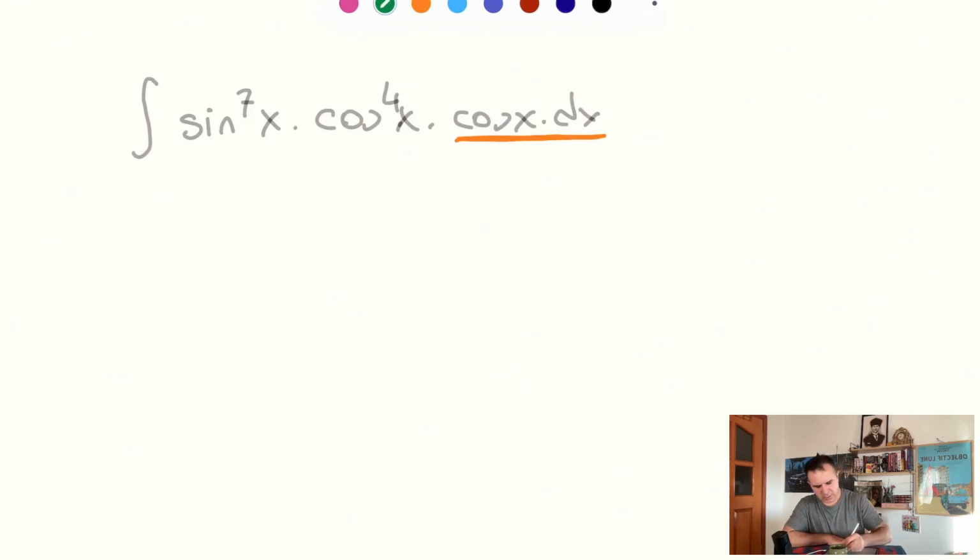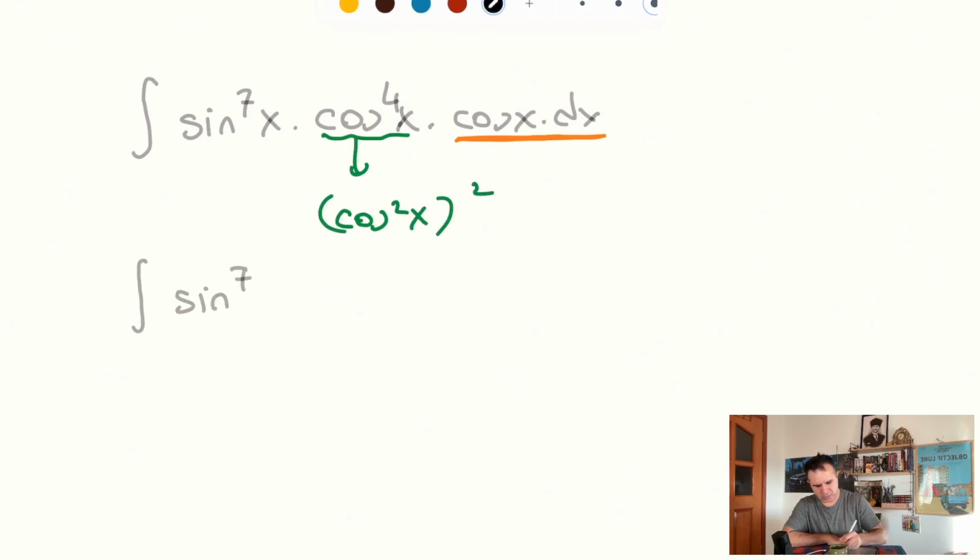We know that cosine to the power of 4x is cosine square of x, squared. Now write the integral again: sine to the power of 7x times cosine square of x squared times cosine x dx.